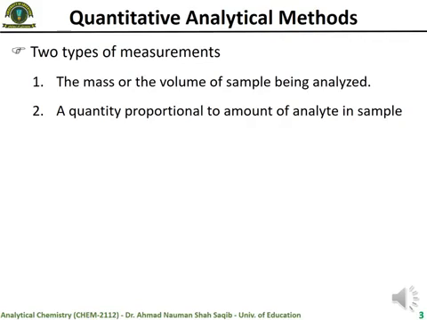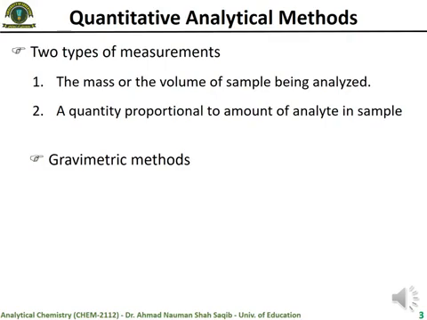For example, first we have gravimetric methods. How do we quantify the analyte in gravimetric methods? In gravimetric methods we measure or determine the mass of the analyte either directly or through an indirect way.